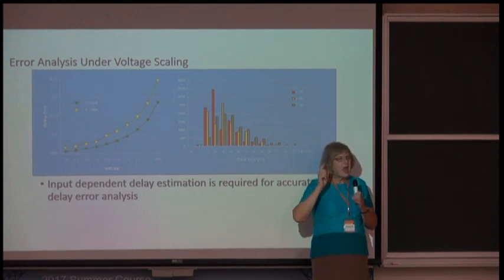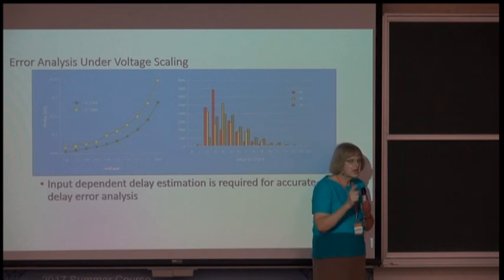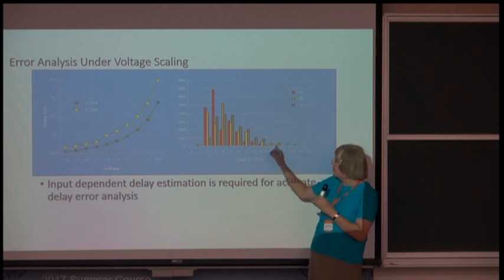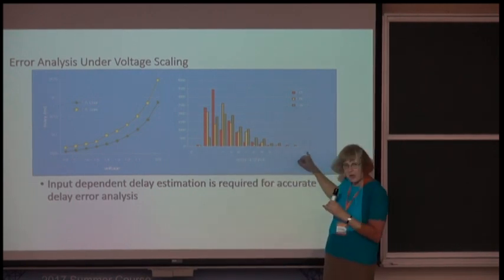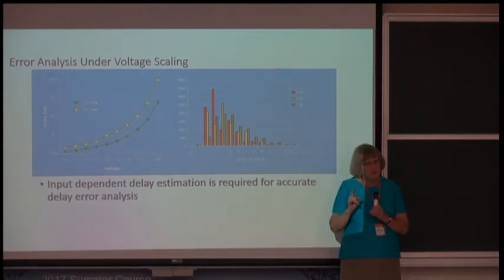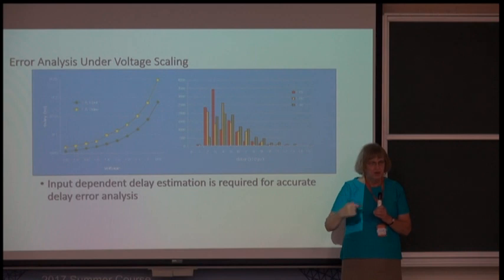You won't wait for every worst case to be stable. Most of them will be stable, but some of the outliers will not be. That's where the error comes from. It's not random, right? We know the inputs, we know the circuit, we know we're going to get an error in this, but we deal with it by saying it's a random variable. Right?